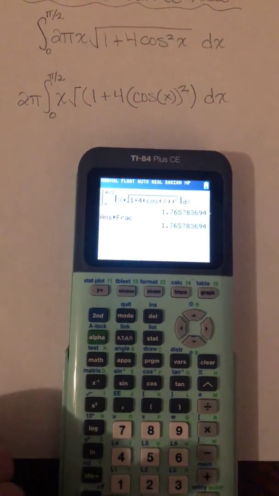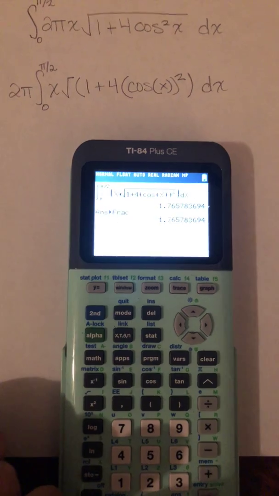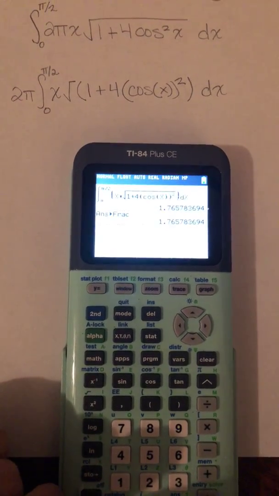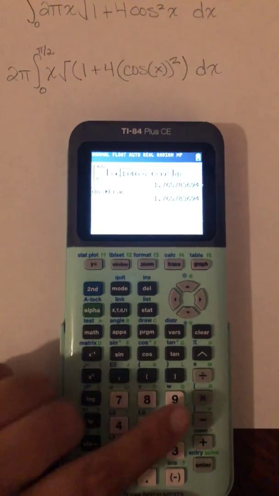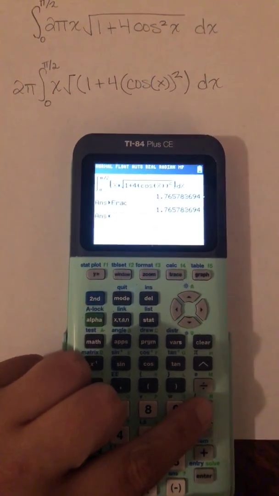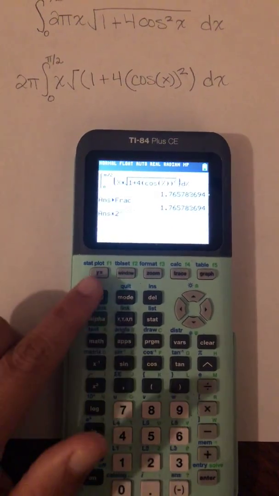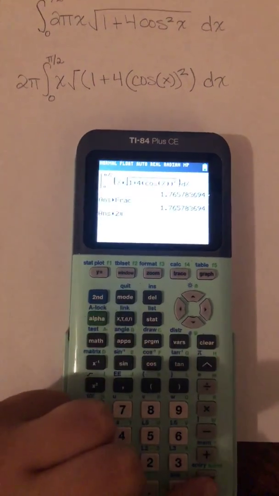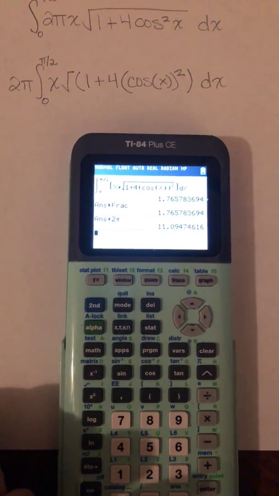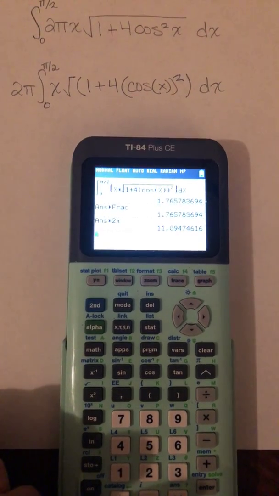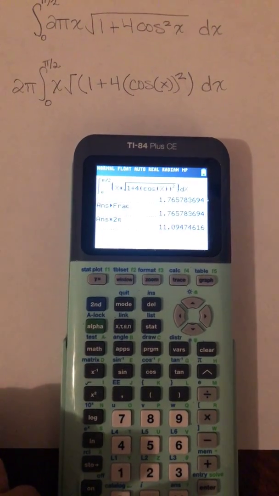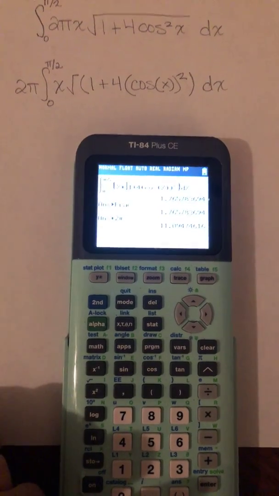If you try this and it doesn't change, then it's probably just an irrational number and you're not going to be able to get an exact answer. But don't forget, we also need to multiply in our 2 pi. So I'm going to take that answer and say times 2 pi. So I got about 11.0947, 11.1-ish.